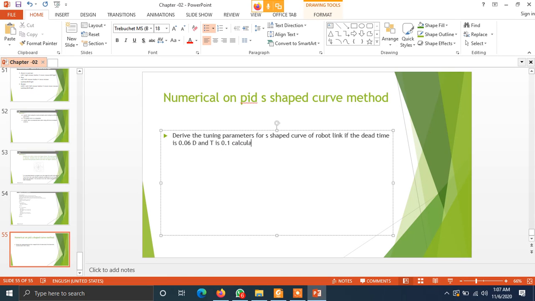Calculate the tuning parameters for PID control.